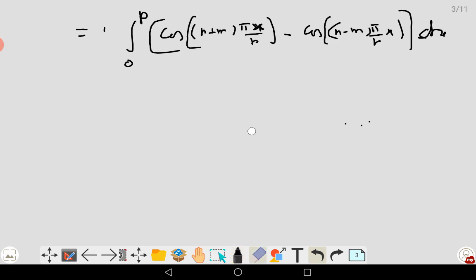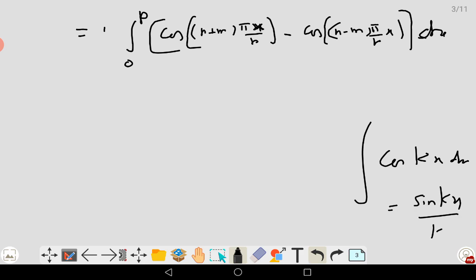When you integrate cosine, you remember this formula, integration of cosine kx dx will give you sin kx over k. The coefficient of x will be in the denominator. That should be remembered.